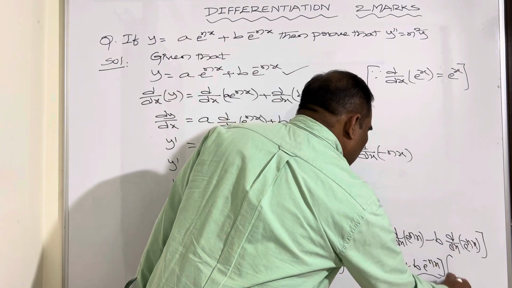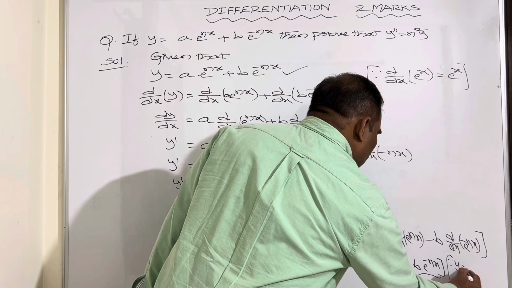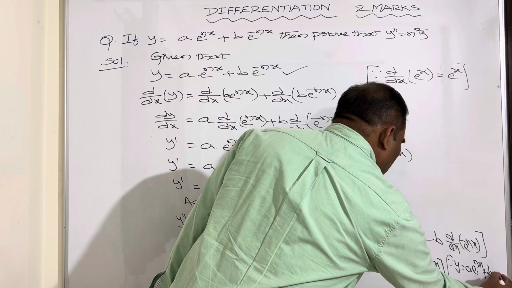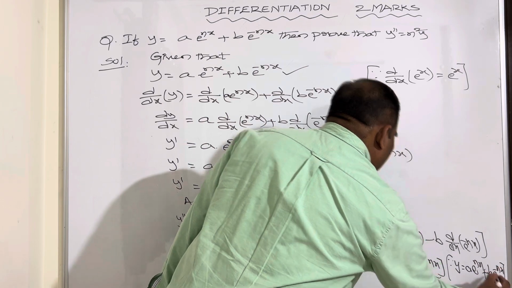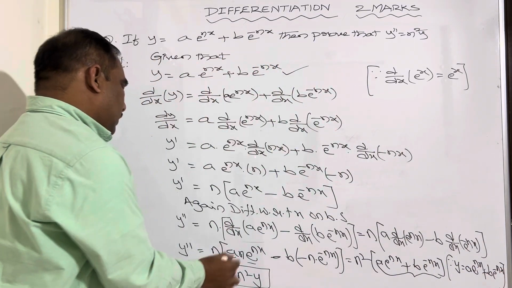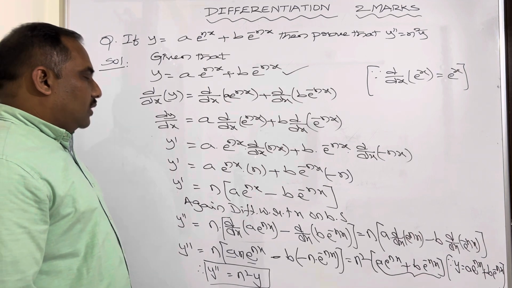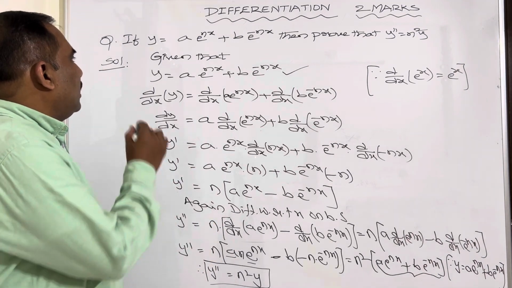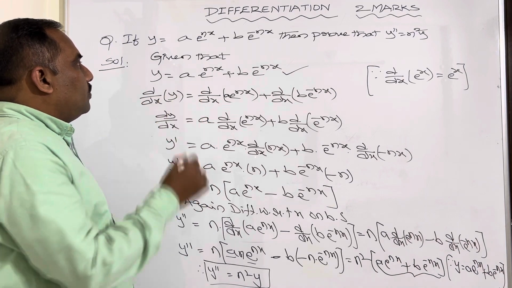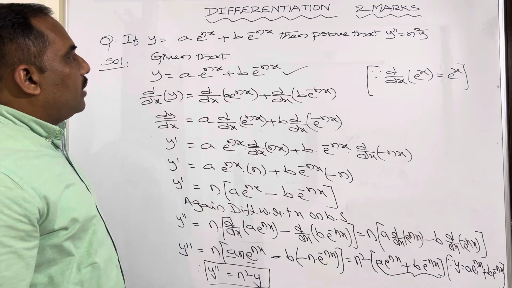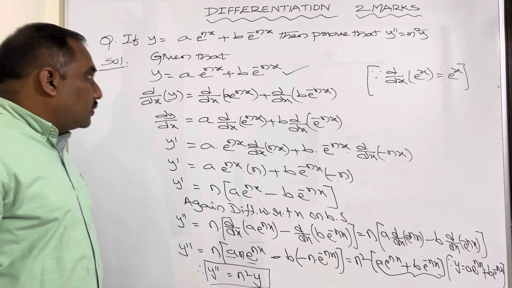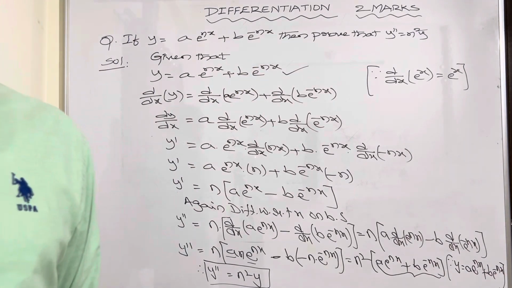Since y is equal to a into e to the power of nx plus b into e to the power of minus nx, which is the given function, we can write y double dash is equal to n square into y. So like this, when y is given as a into e power nx plus b into e power minus nx, we can prove that y double dash is equal to n square into y. Next.